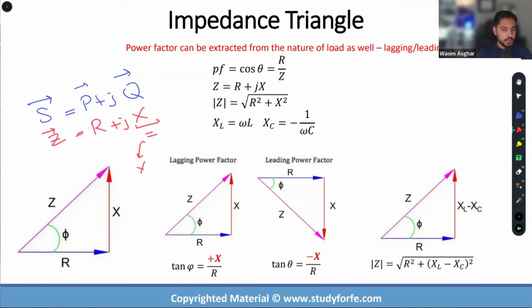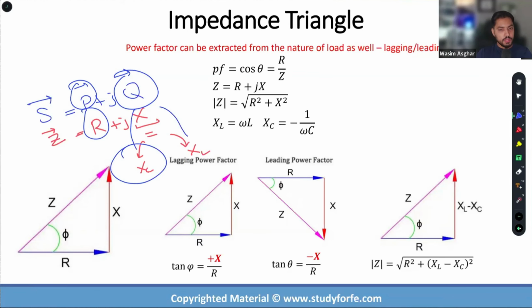And this can be further divided into XC and XL. Our real power is associated with our resistors. Our reactive power, which is of two types, is associated with our inductive reactance or our capacitive reactance.